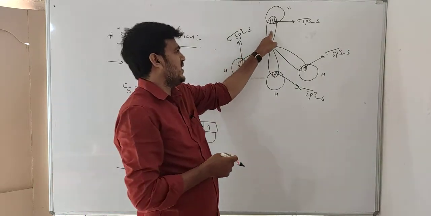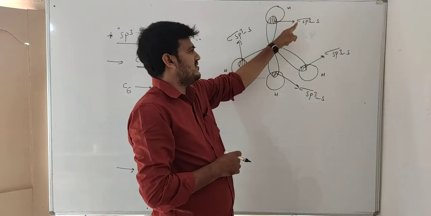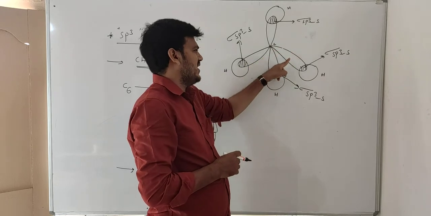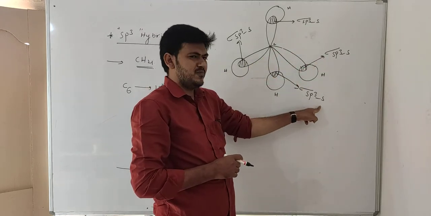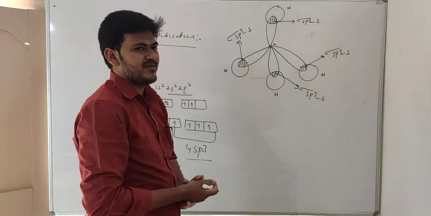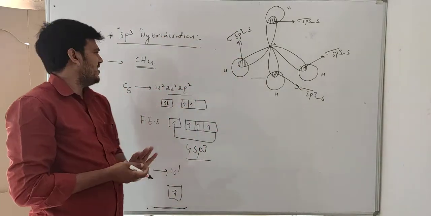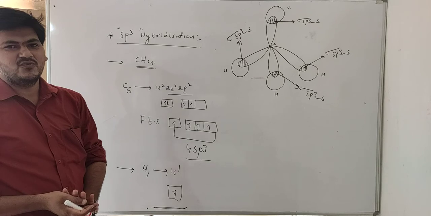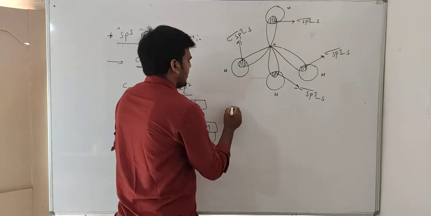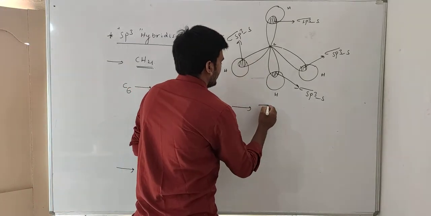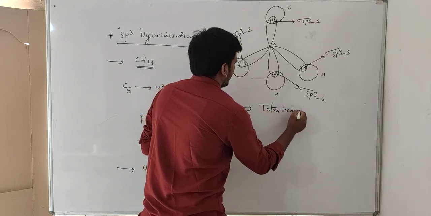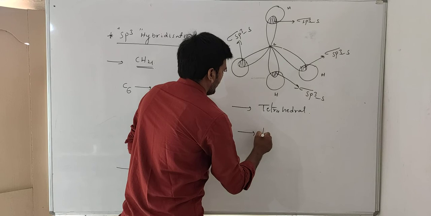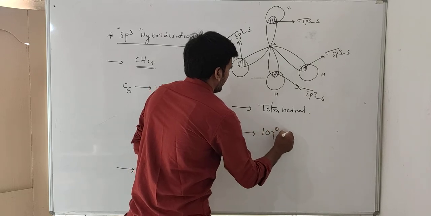So first one, sp3 hybrid orbital with s orbital, sigma sp3-s. Second one, sp3 hybrid orbital with s, sigma sp3-s. Same for the rest. So this is the orbital structure of methane, formula CH4. And finally, the shape of the molecule is tetrahedral, and the bond angle is 109 degrees 28 minutes.